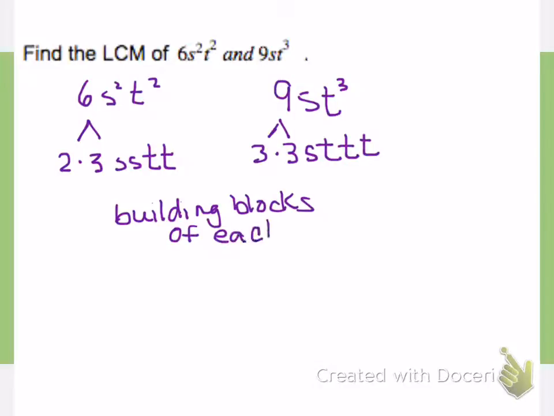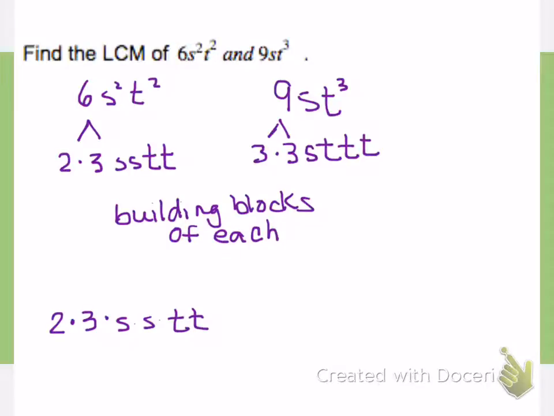And if you were finding the LCM of more than 2 values, it would have to contain the building blocks of all of them. So if it needs to contain the building blocks of all of them, I know it has to have the building blocks of the first value. So I need a factor of 2, a factor of 3, 2 factors of s, and 2 factors of t.